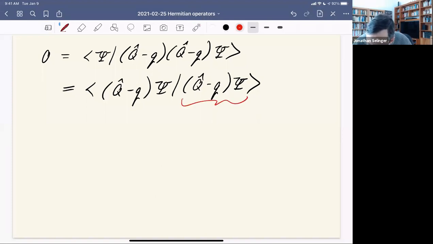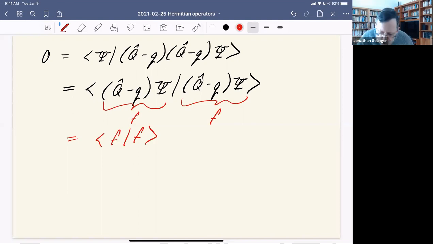Let's call that combination F. Big Q minus little q acting on psi is F. Over here, that's F. So this is the inner product of F with F. But you remember, one of the things that I showed you on Tuesday is that the inner product of any function with itself is greater than or equal to 0, and it can only be equal to 0 if the function F is 0 everywhere.